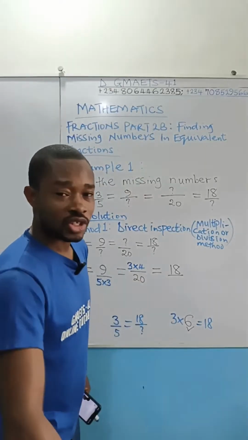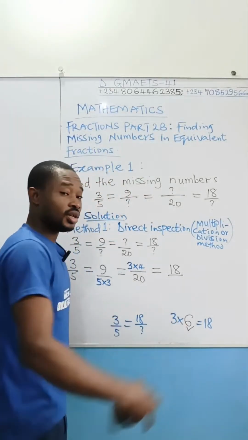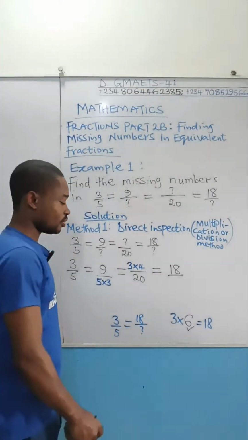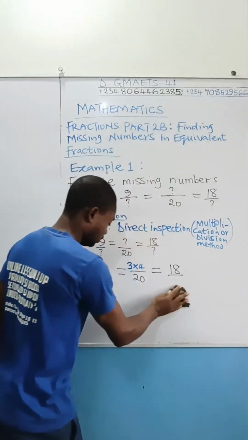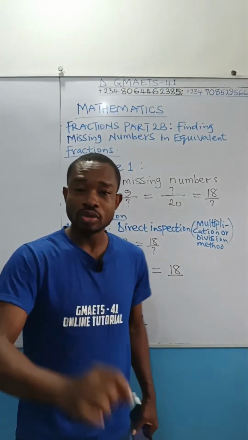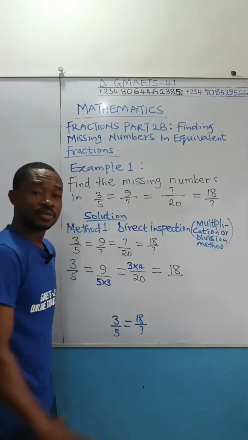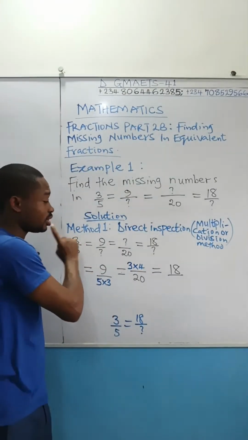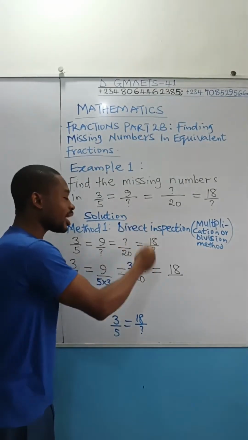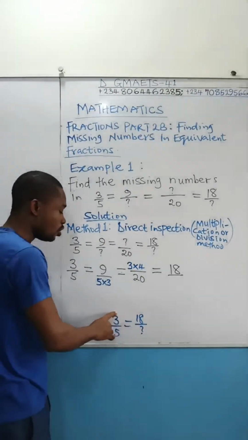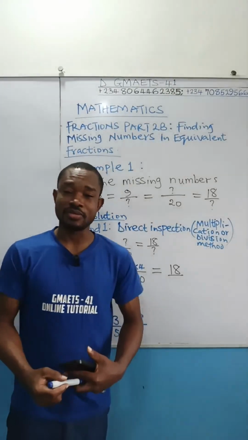Let us prove it also that 6 is the number we are going to use to get the missing number here. We are going to use the division method. In the division method, once again, you go to the fractions that you are dealing with. The lowest fraction, and the one where you want to get the missing number. Look at it. Then go to the part where you know everything, where nothing is missing.